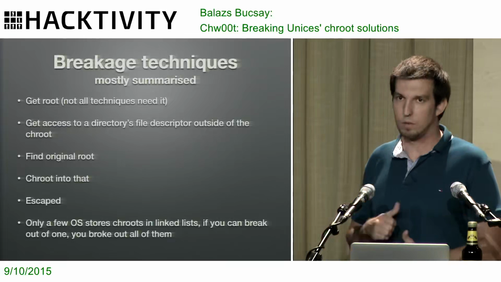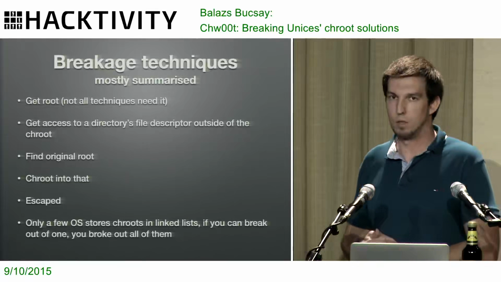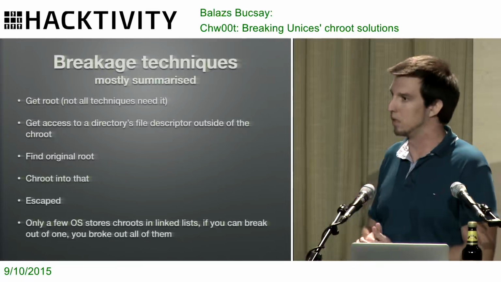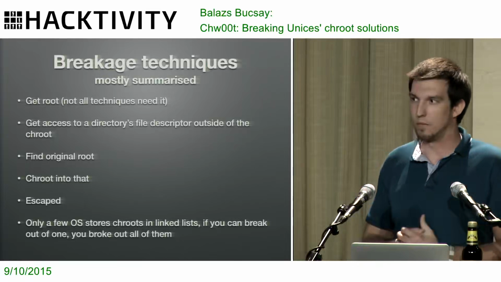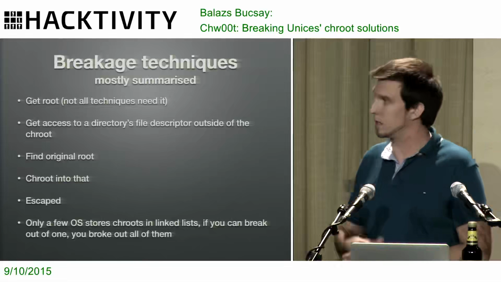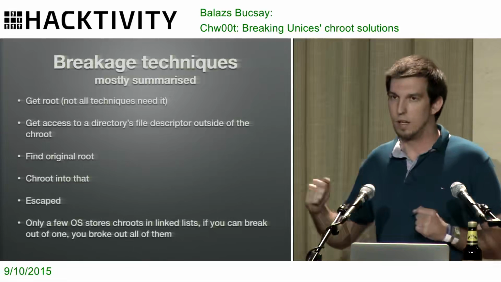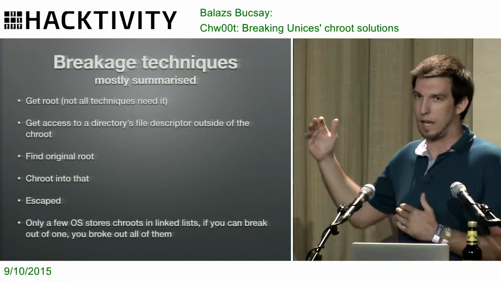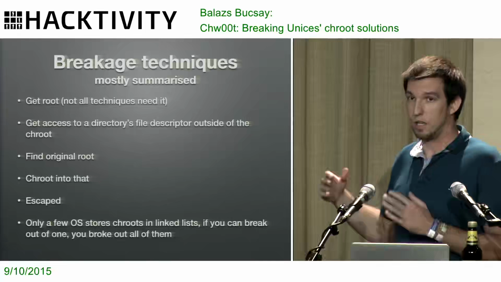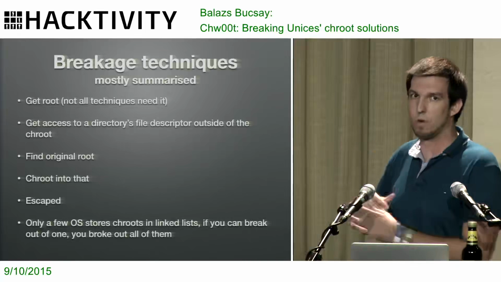I have to mention that this is working really well on most of the Unices, for example, Linux. But on FreeBSD it's not really working that well, because FreeBSD stores the root vnodes and other kind of stuff in a linked list. So it's not just a process structure where you have one entry and you can overwrite it.